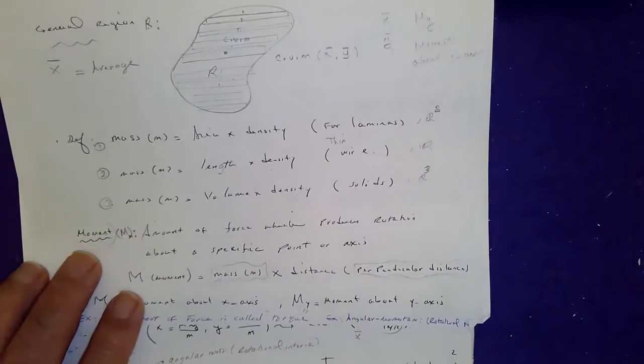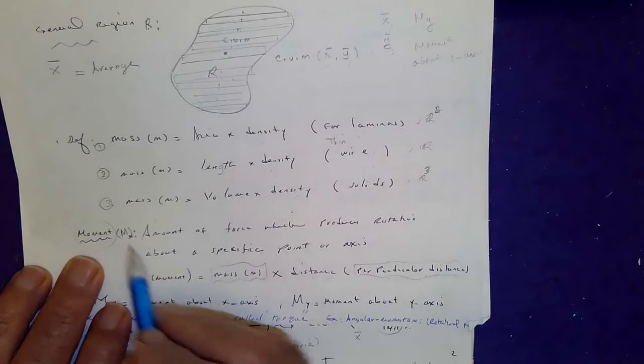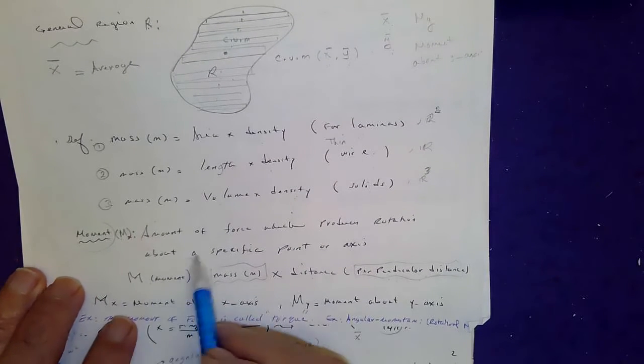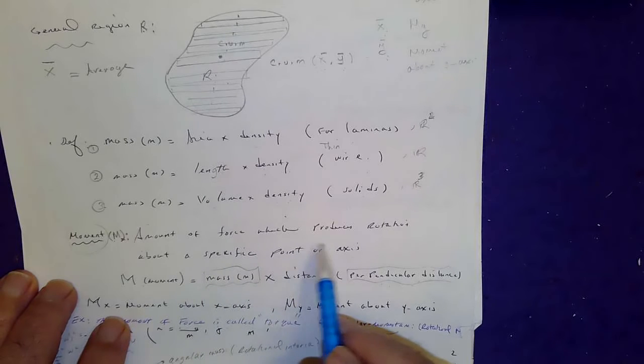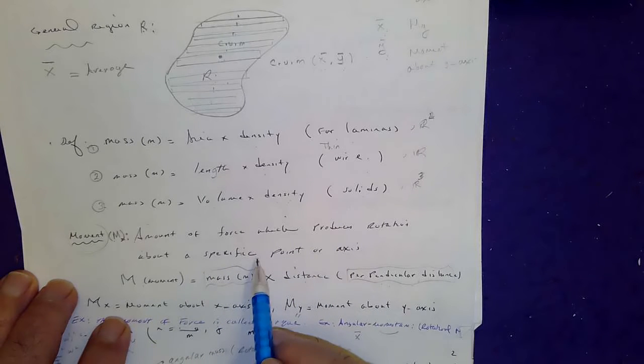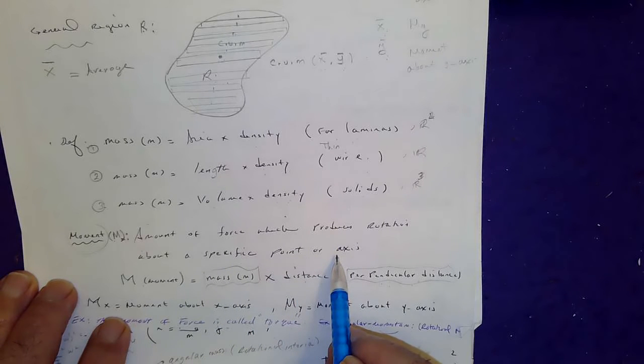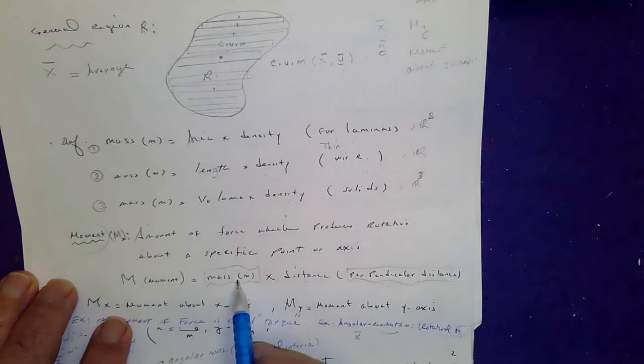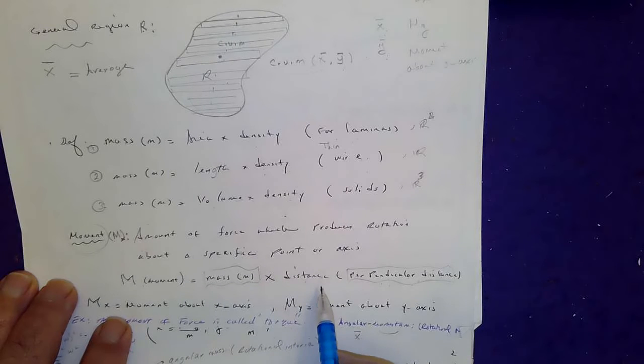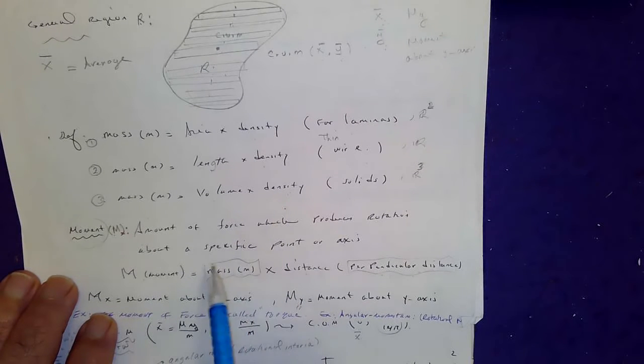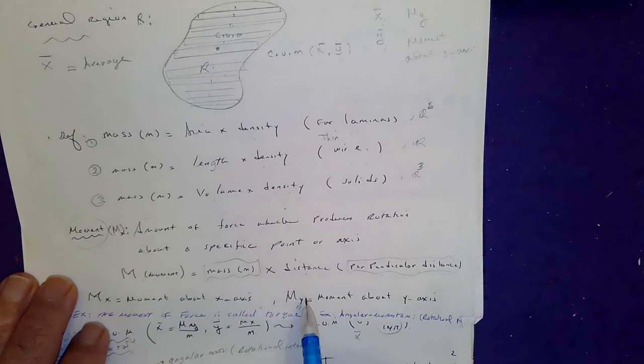But now what's a moment? Moment, denoted by capital M, is the amount of force which produces rotation about a specific point or axis. And it's defined as mass times perpendicular distance from the center of mass to that axis. So therefore, for two-dimensional objects like lamina, we have 2 moments, one about the x-axis, one about the y-axis.